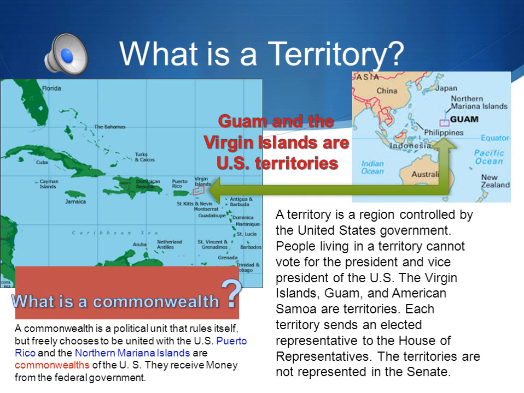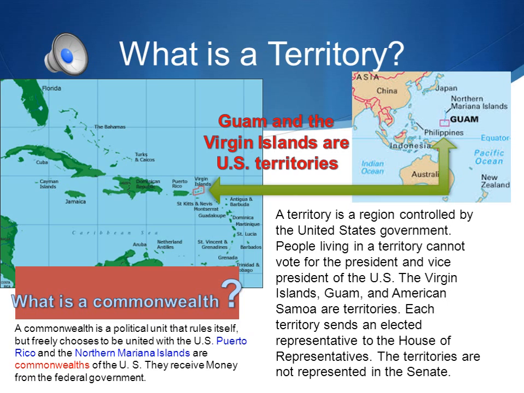It's a region controlled by the United States government, and people in that territory cannot vote for the president and the vice president. A few examples are the Virgin Islands, Guam, and American Samoa. They actually send elected representatives to the House of Representatives, but they are not represented in the Senate.